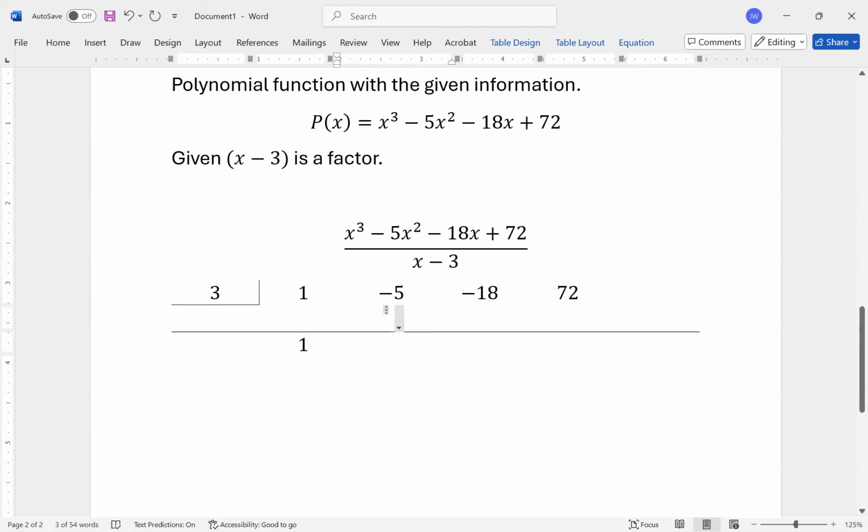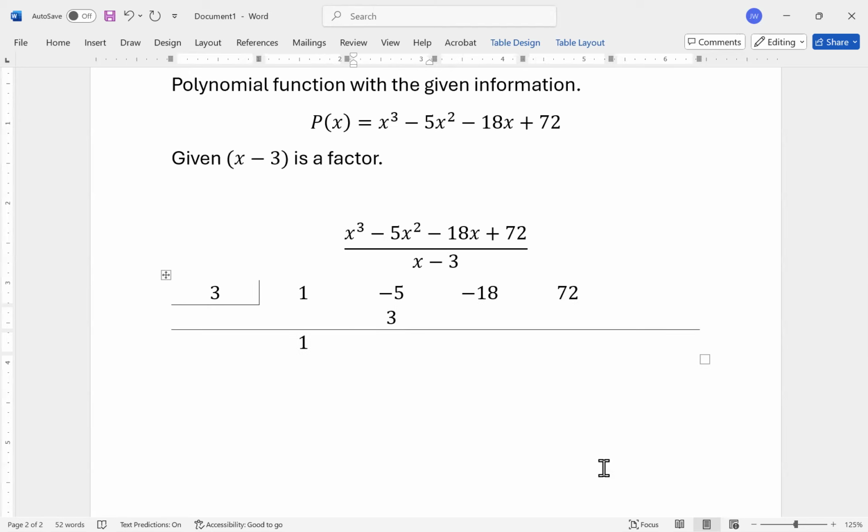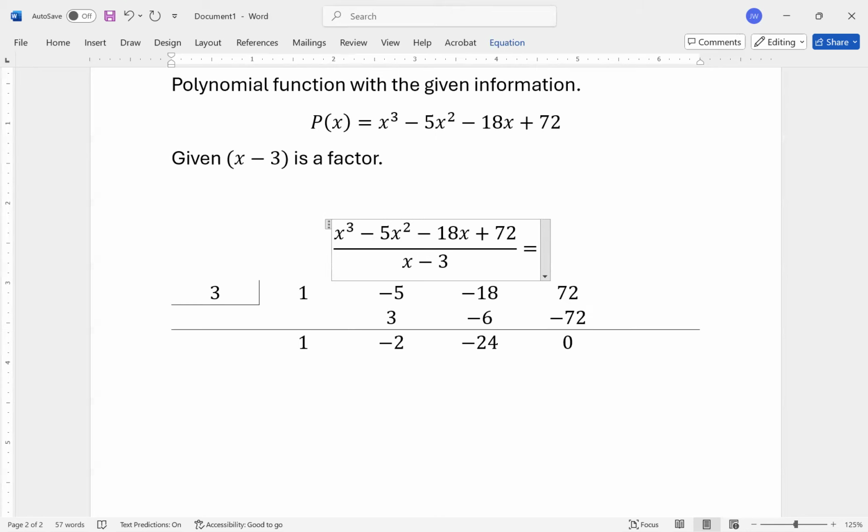So 1 times 3 is 3. Negative 5 plus 3 is a negative 2. Negative 2 times a 3 is a negative 6. Then I add negative 18 minus 6. That gives me a negative 24. Negative 24 times 3 is a negative 72. And that gives me a remainder of 0. Now I know that when you divide that cubic by x minus 3, you get 1x squared minus 2x minus 24.